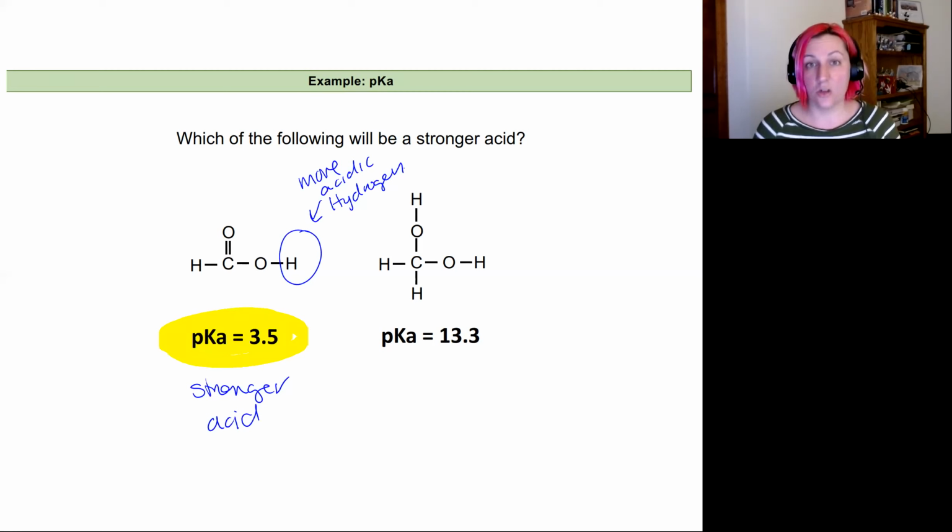Now, this isn't a strong acid. It's a weak acid because it's going to have a Ka value less than 1, which means it will favor reactants. It has a positive pKa, and that tells me this is probably a weak acid. Comparing these two allows me to decide which one is the stronger of the two. And that lower pKa value tells me that my stronger acid is the formic acid.